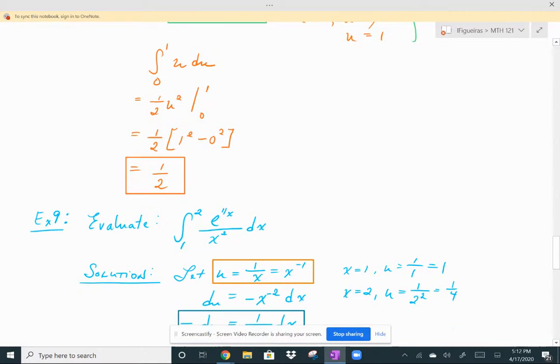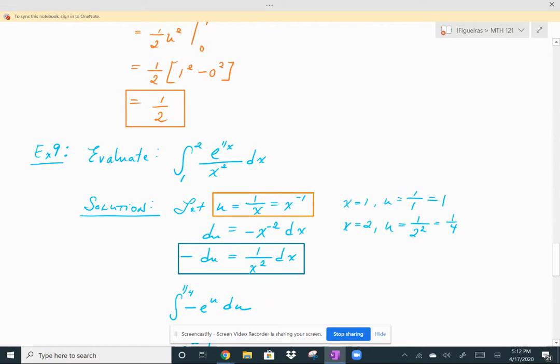Okay, here's another one. We want to evaluate the integral from 1 to 2 of e to the 1 over x, over x squared. So this one is a very traditional u-substitution problem where I have a composite function in the numerator and then another function in the denominator. The inner function of e to the 1 over x is 1 over x. So that's your u. So remember, 1 over x can be written as x to the negative 1.